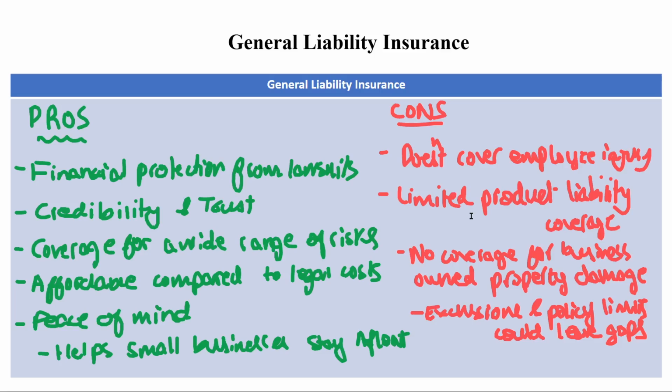For example, it may not cover intentional acts, contractual liabilities, or data breaches. Businesses must carefully review their policies to ensure they understand the coverage limitations and consider additional policies like cyber liability insurance for protection against digital threats.